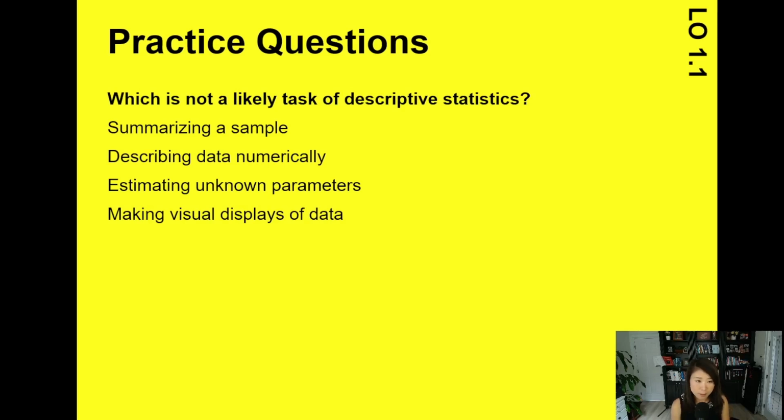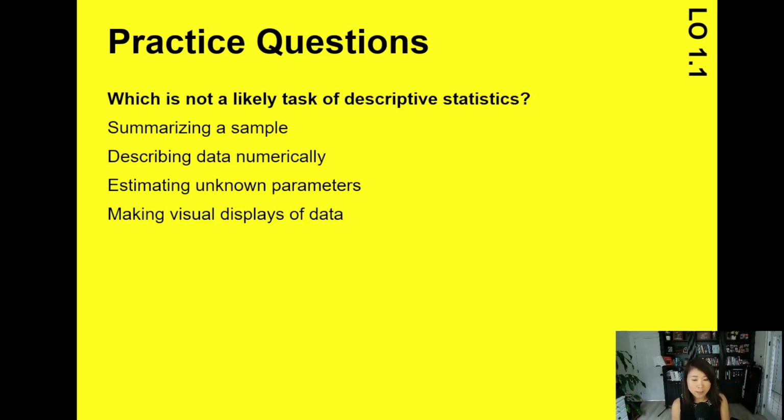So here is the question to test how well you understand the differences between descriptive statistics and inferential statistics. Here are four options: summarizing a sample, describing data numerically, estimating unknown parameters, making a visual display of data.